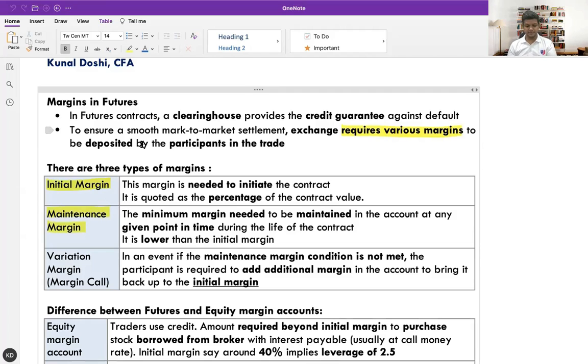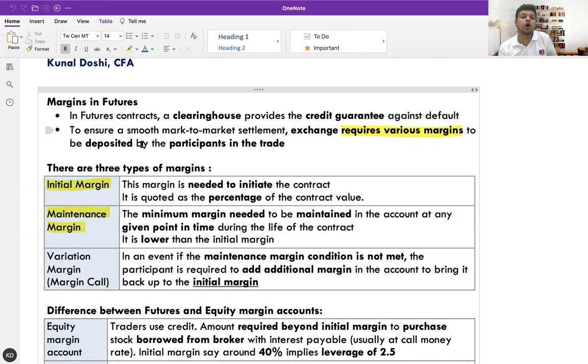Initial margin is the initial amount or some percentage of the contract value which you have to put with the exchange. Let's say your contract value is $100,000. The exchange will demand 10% of it. So you have to give $10,000 to the exchange as margin. You have to keep it with them. Clear? But the exchange will also put up a condition that at no point should this margin value go below a minimum point.